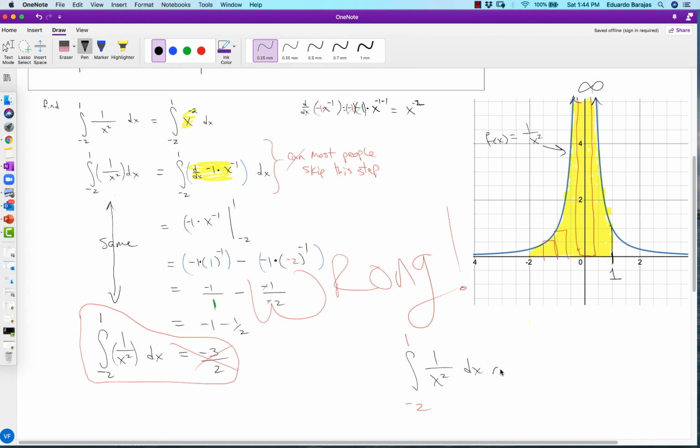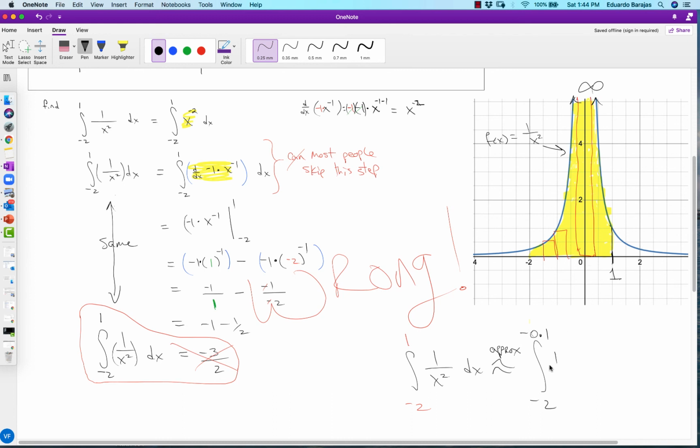Let's do the integral from -2 to something really close to 0 so that we avoid that infinity thing. So let's make it -0.1. That's pretty close to 0, but still not 0.